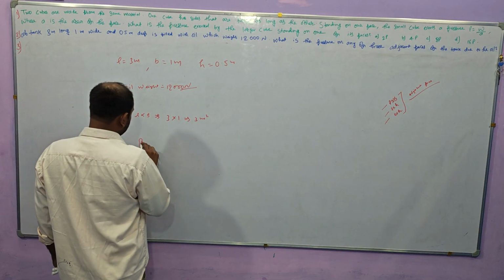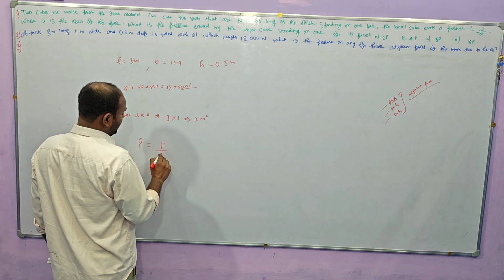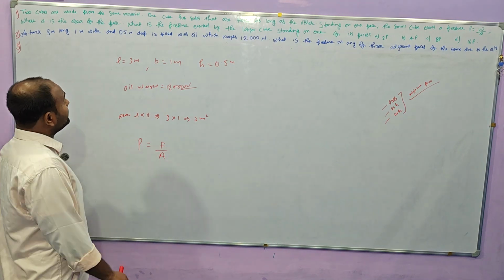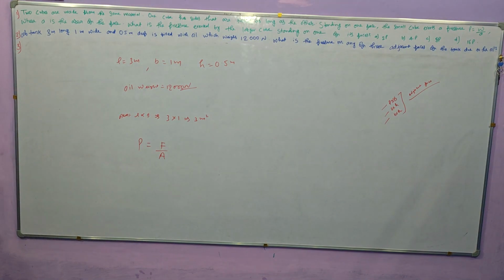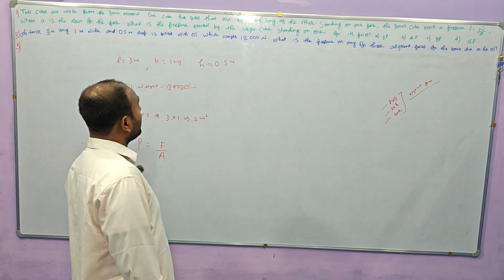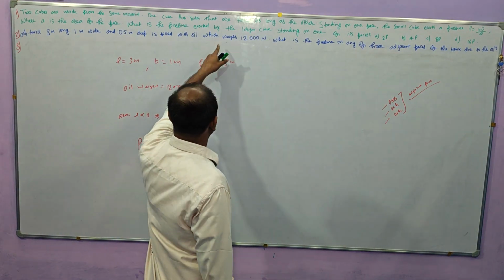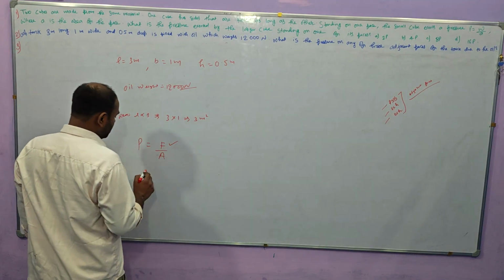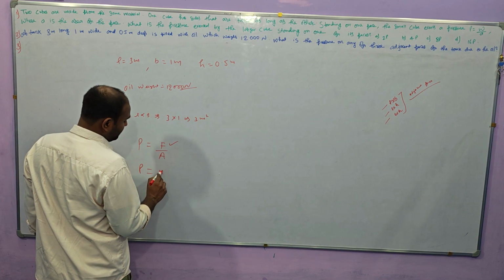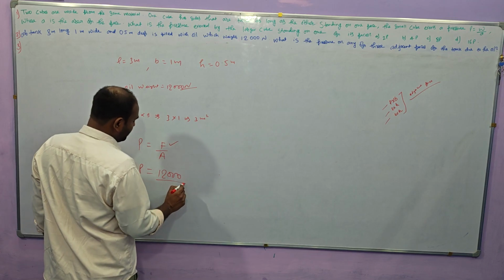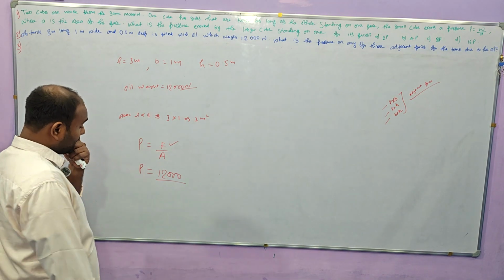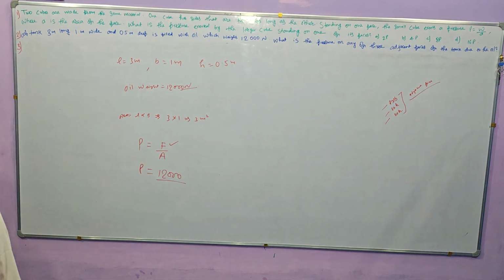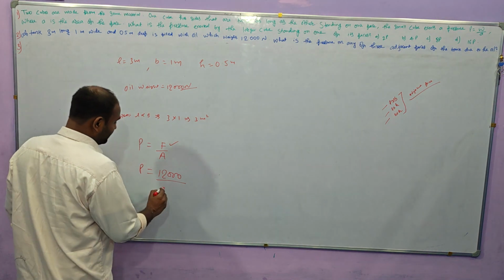P is equal to F by A. While weight is 12,000 Newton, that means force is 12,000 Newton, and area is 3.